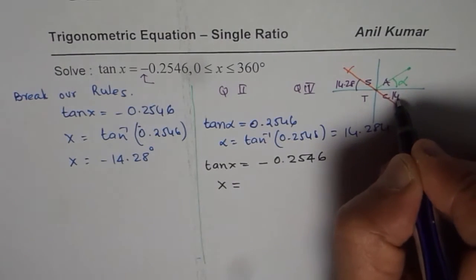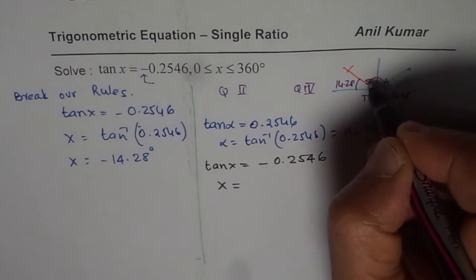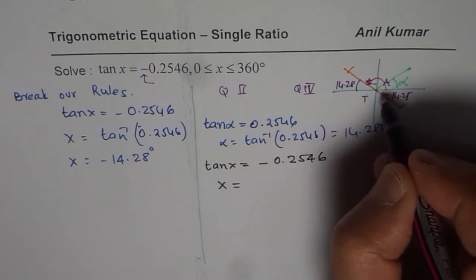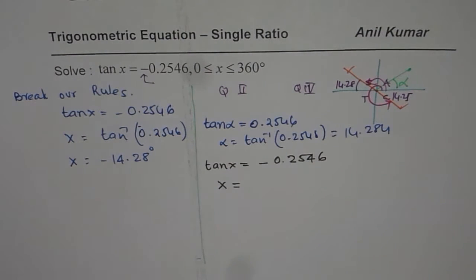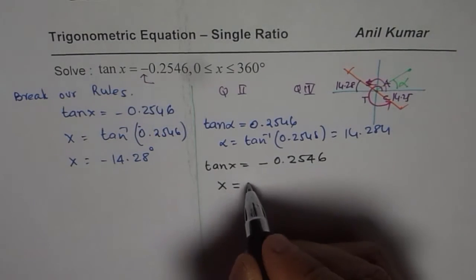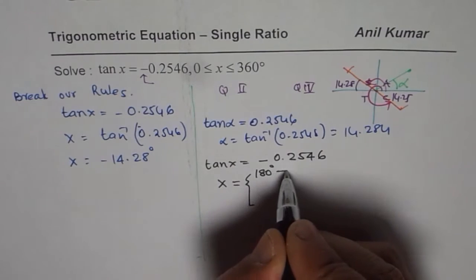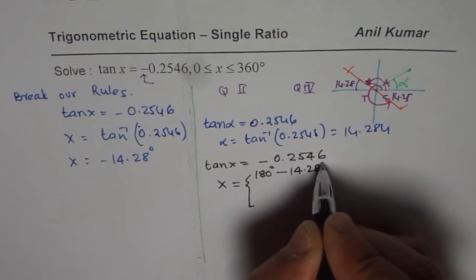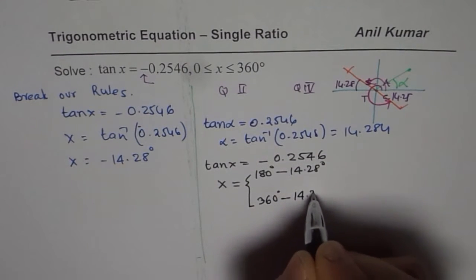So we are going for two decimal places. In that case, what is the value of x? That is what the real answer is. So the real answer here is, the value of x is 180 minus 14.28 or 360 minus 14.28. So we get two different solutions: 180 degrees minus 14.28 degrees or 360 degrees minus 14.28 degrees.